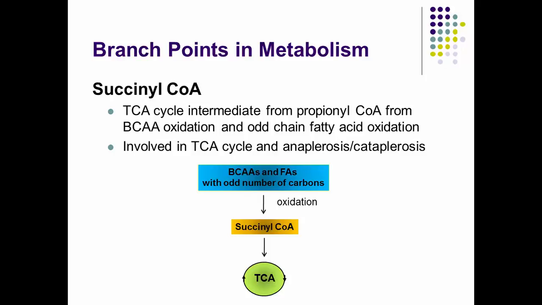Remember, we're talking about a specific type of lipids, the propionyl-CoA, right, which can be used for gluconeogenesis. So succinyl-CoA is a very important molecule that connects these pathways, right?